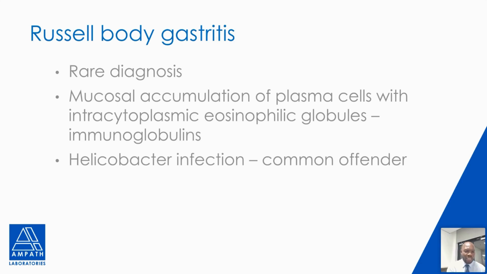One can be fancy and say Russell body gastritis secondary to a Helicobacter pylori infection, or one can just be simple and say Helicobacter pylori associated gastritis, so as not to introduce confusion.